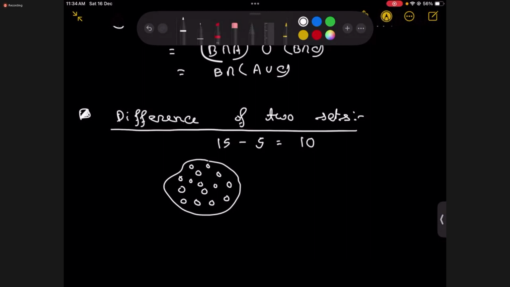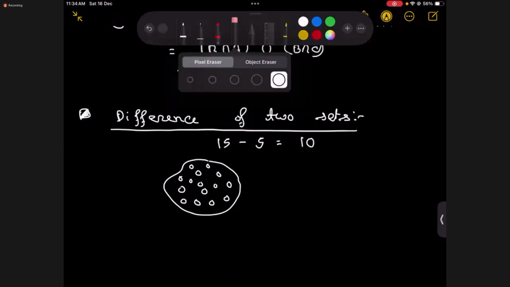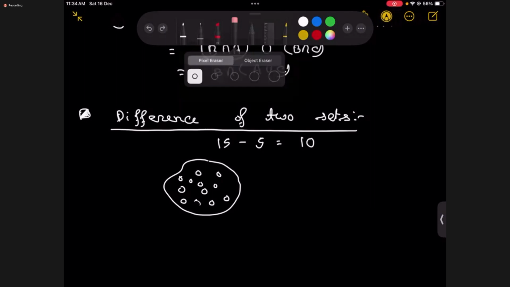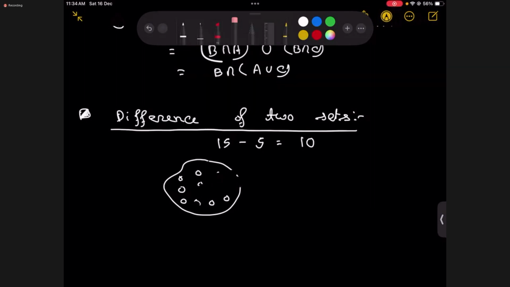So just cut or erase those mangoes: 1, 2, 3, 4, 5. So how many mangoes are we left with? 1, 2, 3, 4, 5, 6, 7, 8, 9, 10. Right? So we have 10 mangoes right now. In a similar way, we subtract 15 minus 5 equals 10.